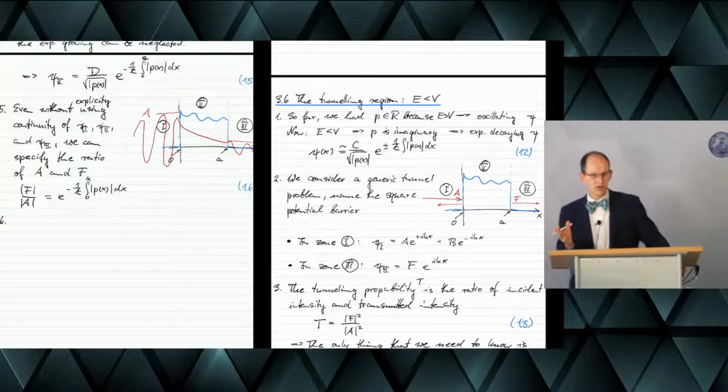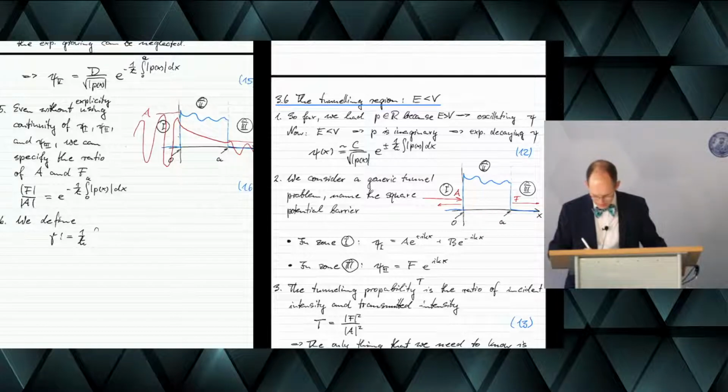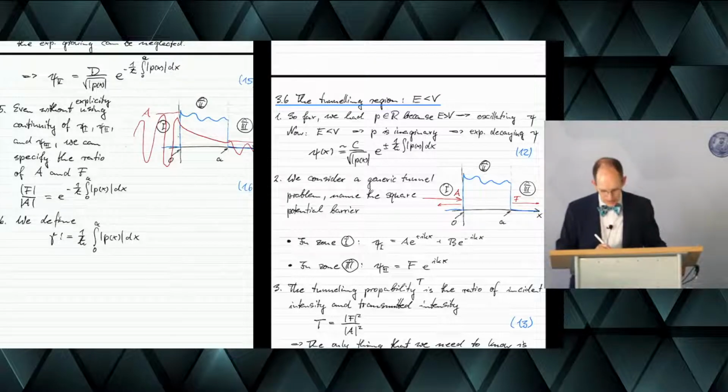And this is, of course, the decay constant, right? So we define gamma is equal to 1 over h bar, and this integral here of the magnitude of px.